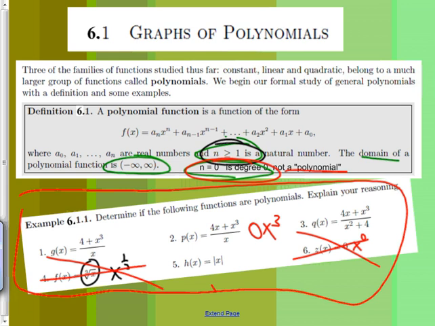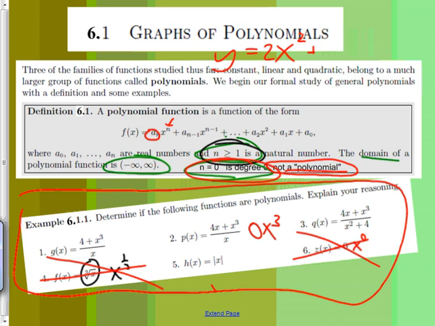Otherwise, every polynomial, if you think about it, if I had 2x squared, it could have an extra plus 0x to the 5th in there. Okay, you can't do that. If it's got a 0 there, that means that it can't exist. And how come it can't have a 0 there? It says that a sub n, where n is this important number that's also here, can't be 0. n equals 0 means degree 0 and therefore not a polynomial.